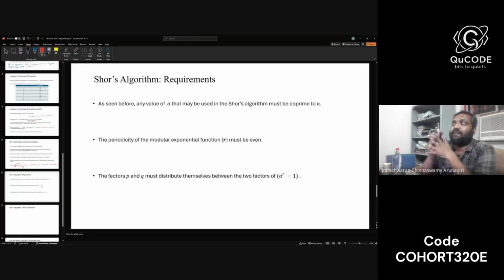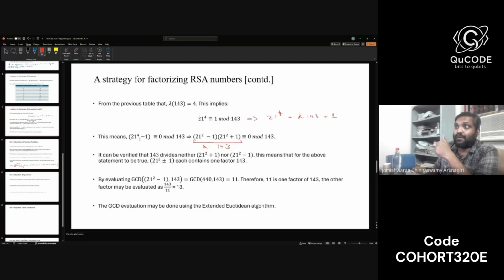Now, what do we need for Shor's algorithm to work? First, I will need a number a that is co-prime to my number n that I want to factorize. Second, remember the trick that I did here. I wrote 21 to the power 4 minus 1 as 21 squared minus 1 and 21 squared plus 1.